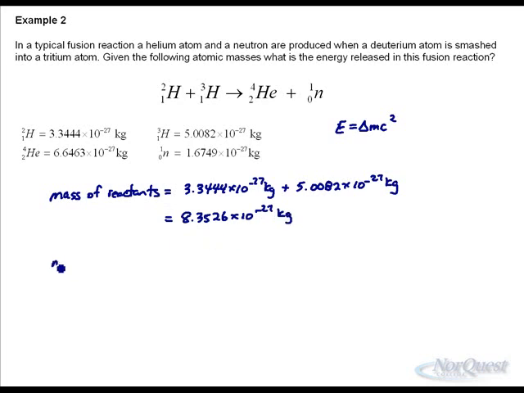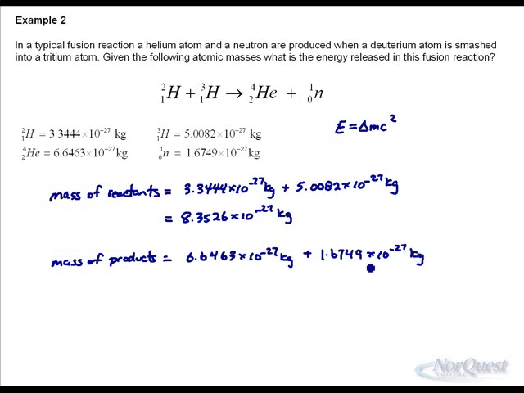Find the mass of the products. It's going to be equal to the mass of the helium nucleus, 6.6463 times 10 to the negative 27 kilograms, plus a neutron, 1.6749 times 10 to the negative 27 kilograms.